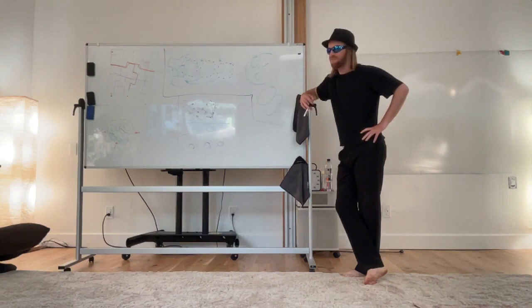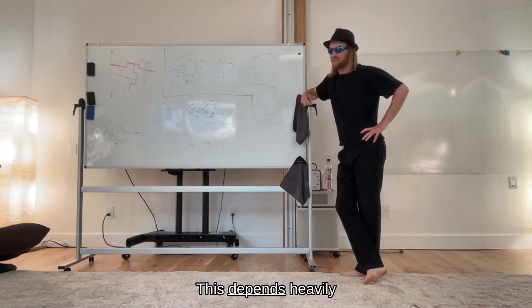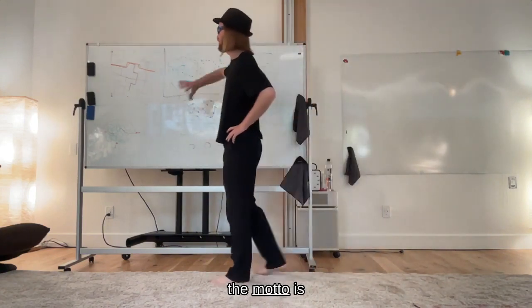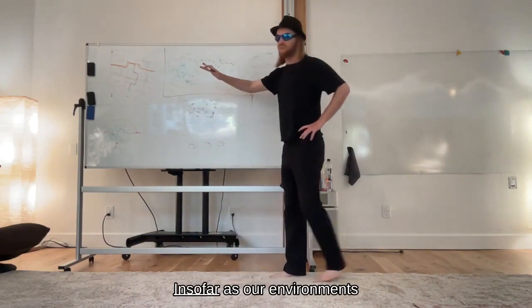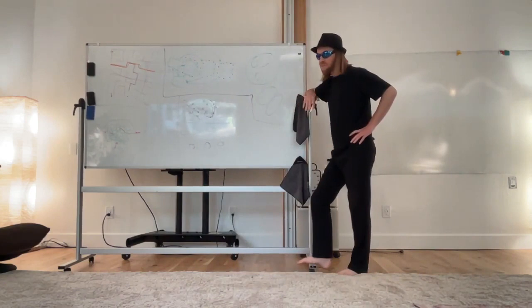Yep. And then the pairing of words to percepts kind of breaks down. So this depends heavily on the extent of overlap of the environment. Again, the motto is environment specific, goal neutral. Insofar as our environments are somewhat different, we're going to have different concepts to attach words to.